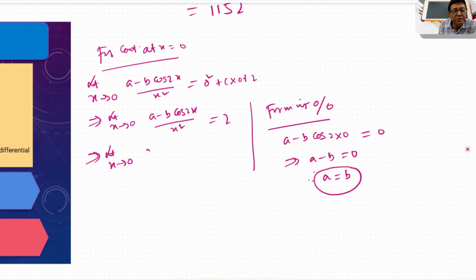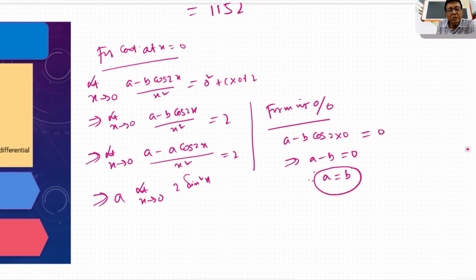Limit x tending to 0 of a times (1 minus cos 2x) by x square equal to 2. You take a outside. 1 minus cos 2x is 2 sin square x by x square. Isn't it? This one is the standard limit.